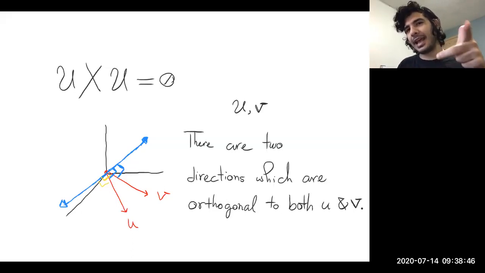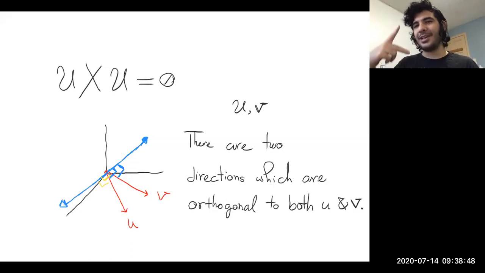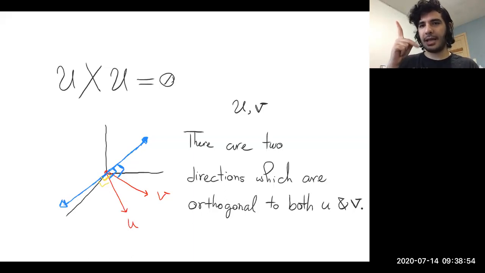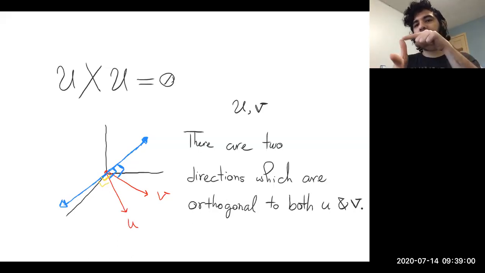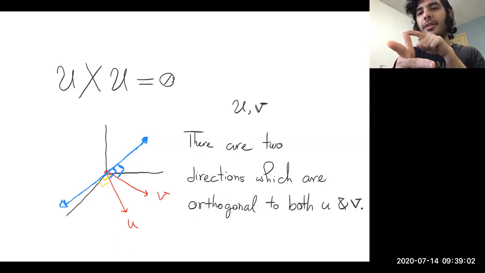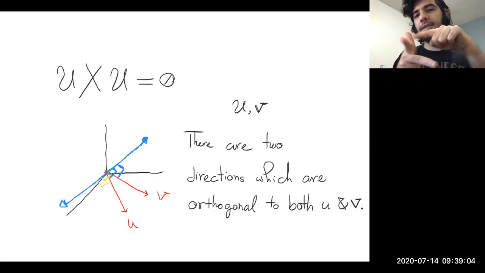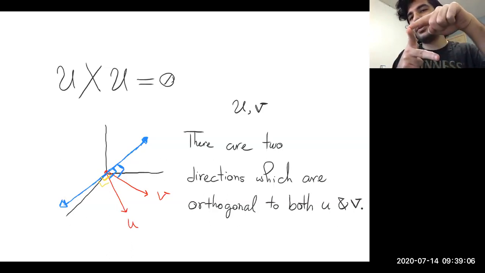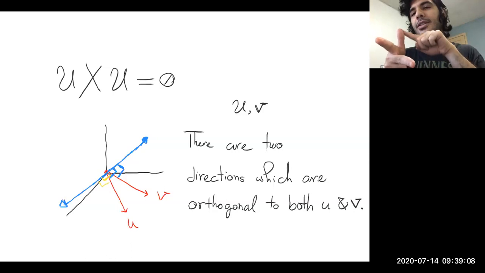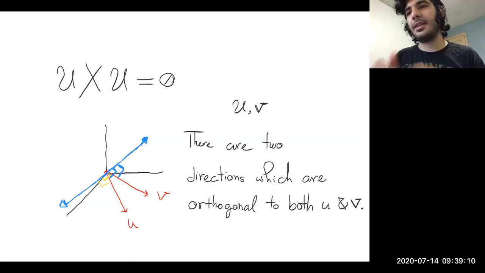If you have two vectors, u and v, and you want to find the direction of u cross v, this finger shows the direction of u cross v.